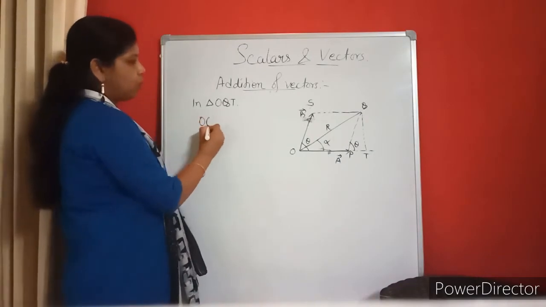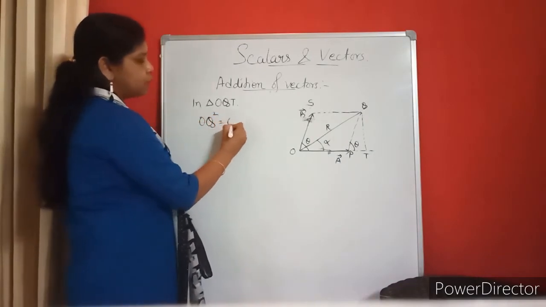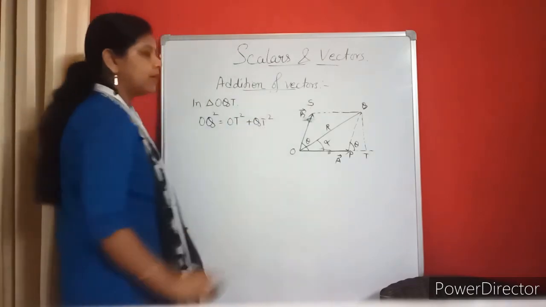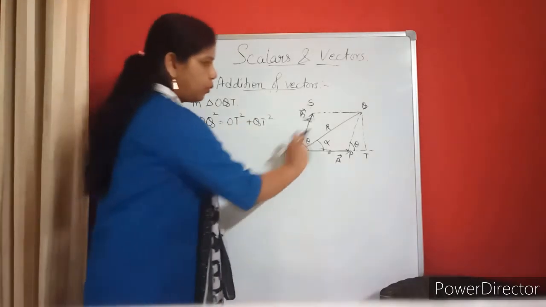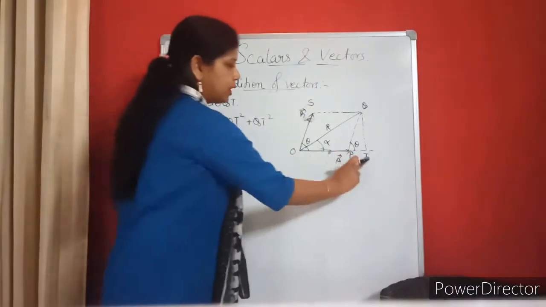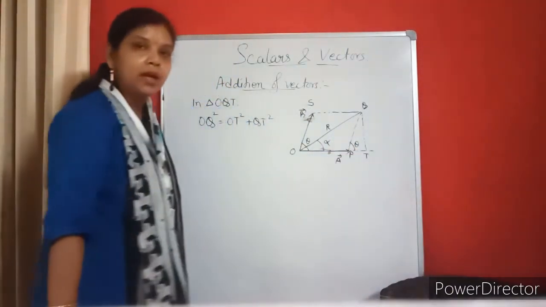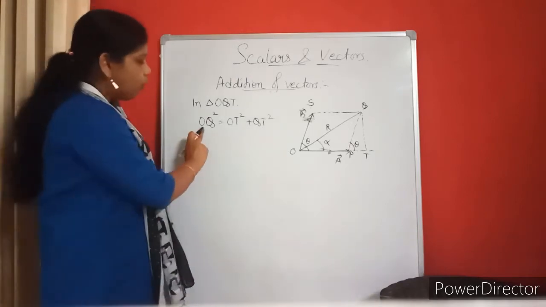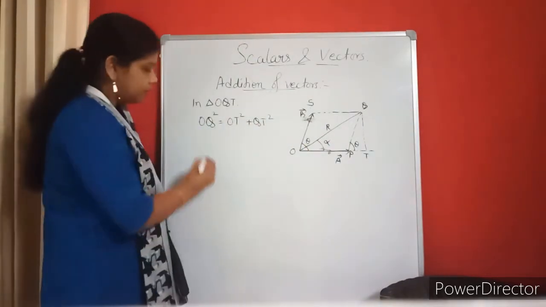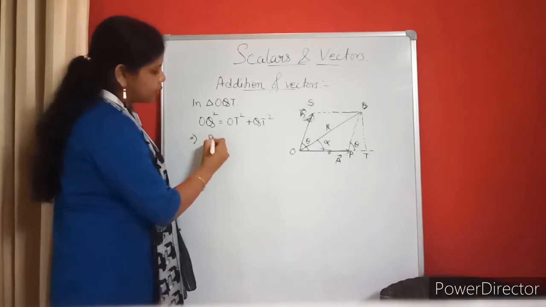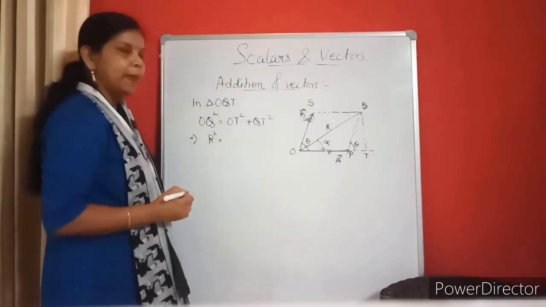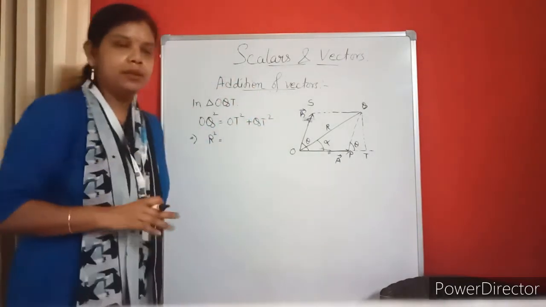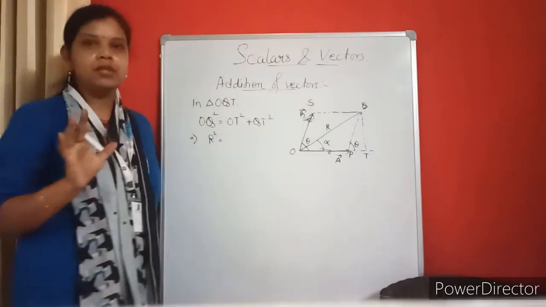So I can write OQ square is equal to OT square plus QT square. Is it correct? This is what? The Pythagoras rule. Yes. Now OQ means what? The resultant R. So I will write R square is equal to... Now see here, when I am finding it from the triangle, it is not a vector, it's a magnitude only.